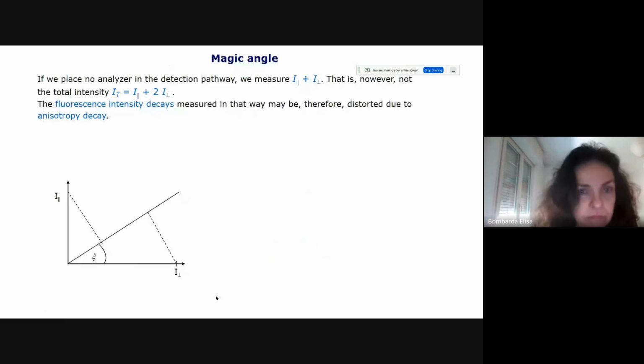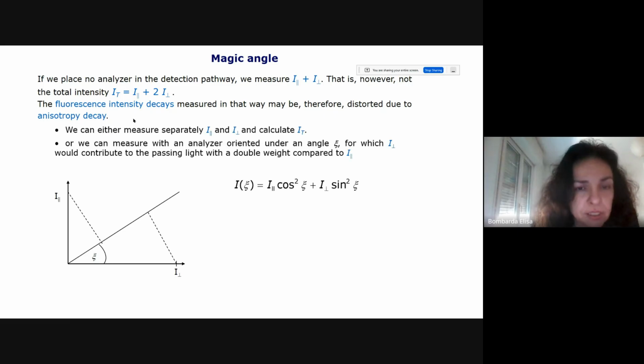And how to get the total intensity, which is composed like this with the two perpendicular components?